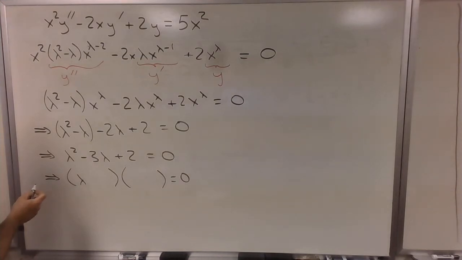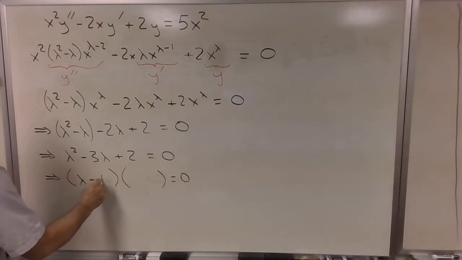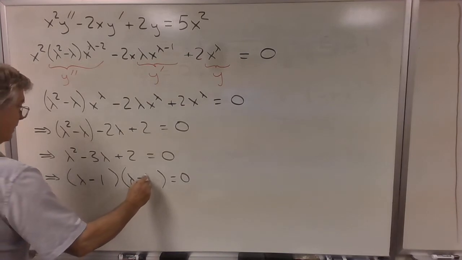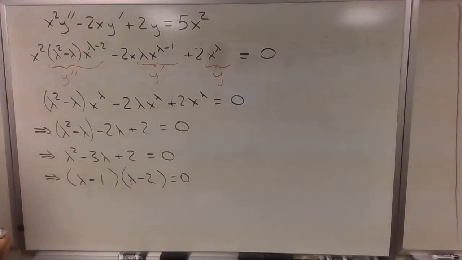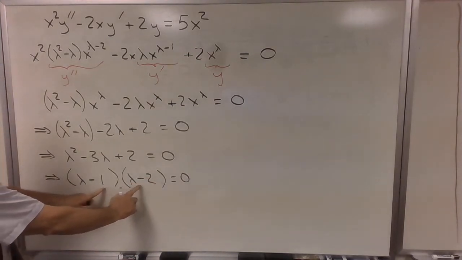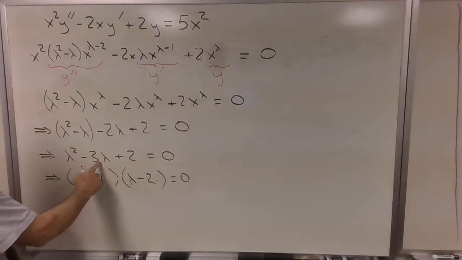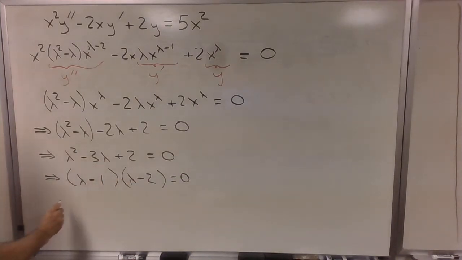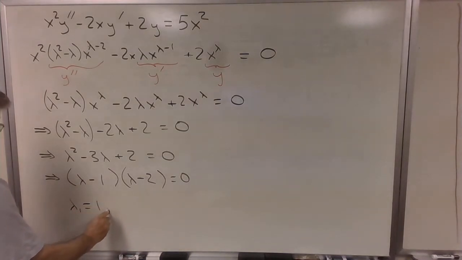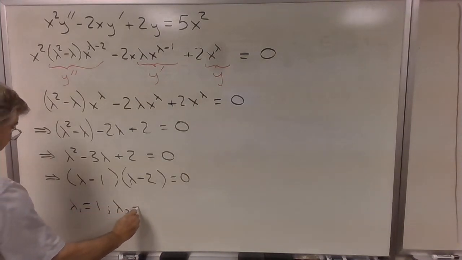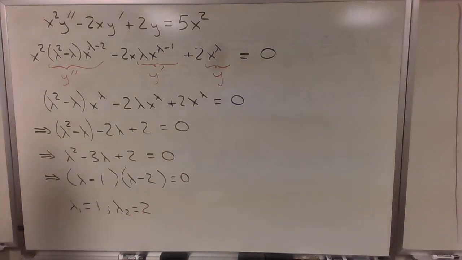So how does this work? Lambda minus 1, lambda minus 2, I think that's it. Negative lambda, negative 2 lambda is negative 3 lambda, that's it. So lambda sub 1 equals 1, lambda sub 2 equals 2.